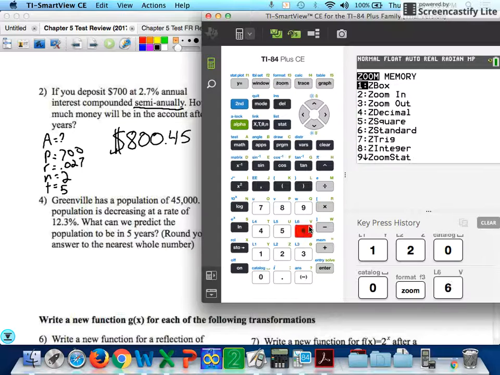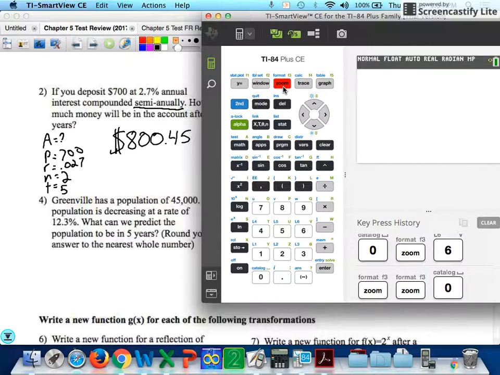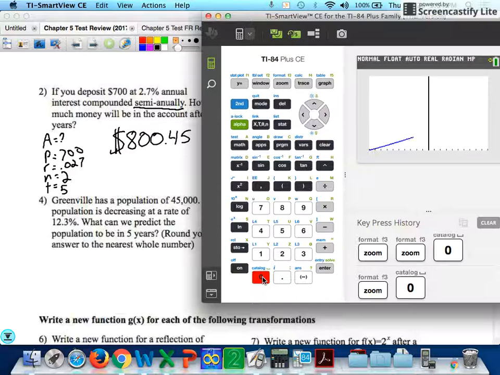So we zoom 6 to start. After that, you've got to do zoom 0, which is zoom fit. Our calculator tried to fit both those lines on there, and it did, but we want the intersection, so we have to zoom out.